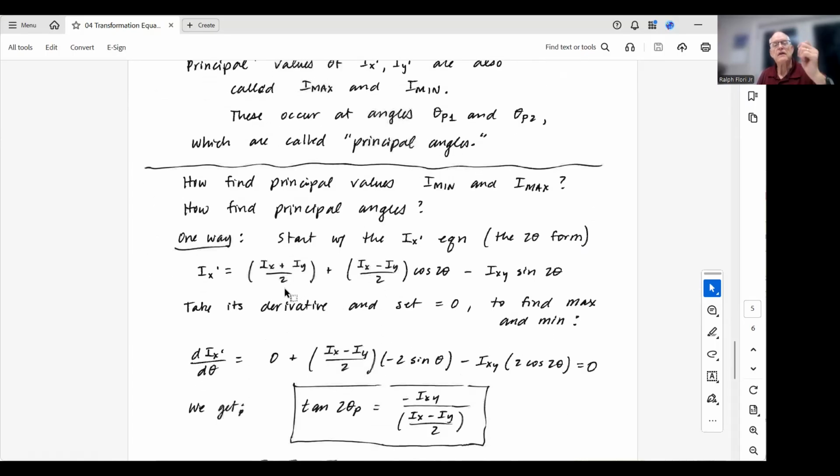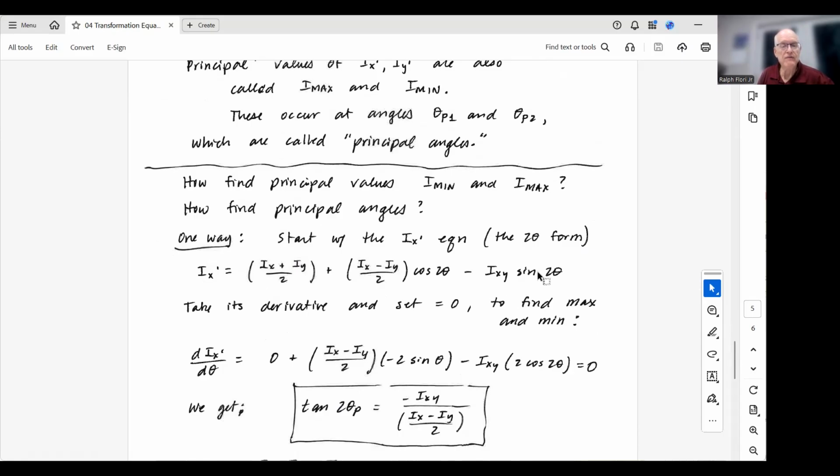Well, how do you get the theta p equation? If you start with an Ix prime equation, take its derivative and set it to 0, that will give you the angle at which the max and min occur.